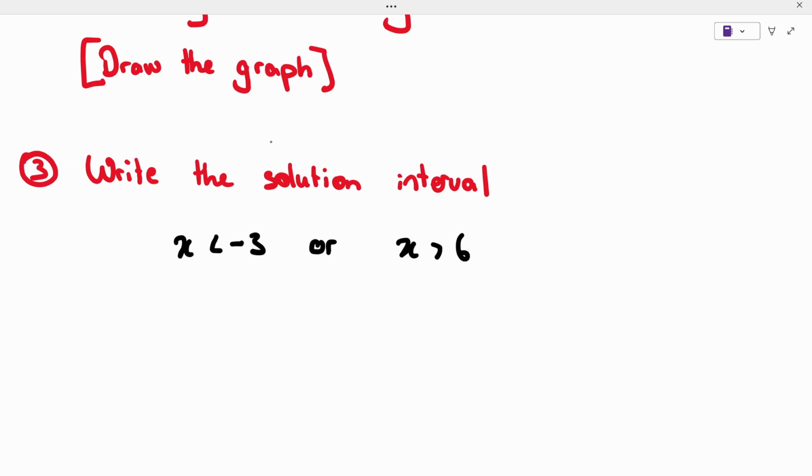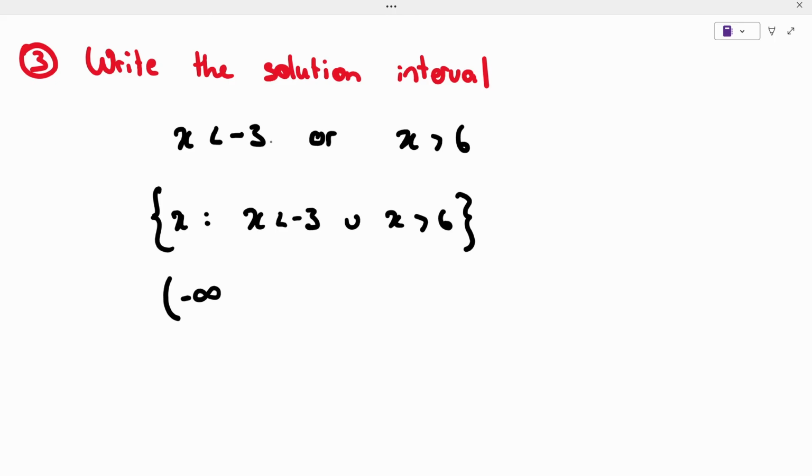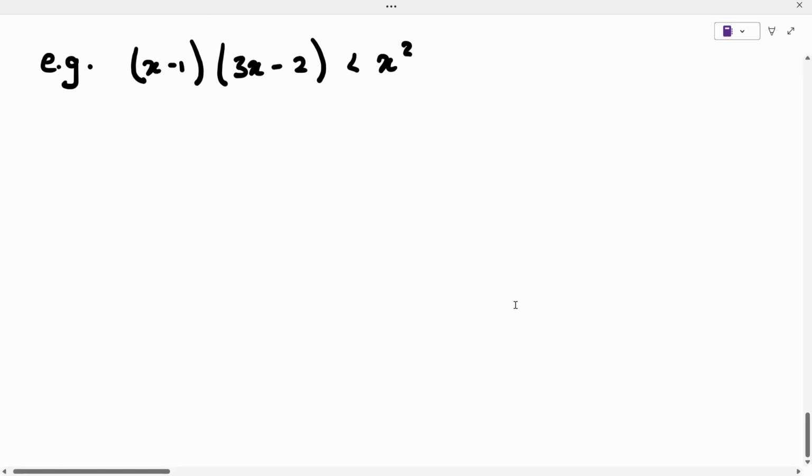So if we wanted to use set builder notation, our solution is the values of x where x is less than minus 3 or x is greater than 6. Your solution interval: there's any value less than minus 3 and any value greater than 6. So that's why we put the infinity there. So x belongs to this interval here.